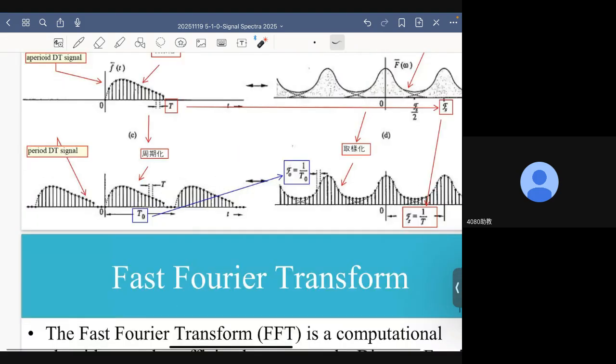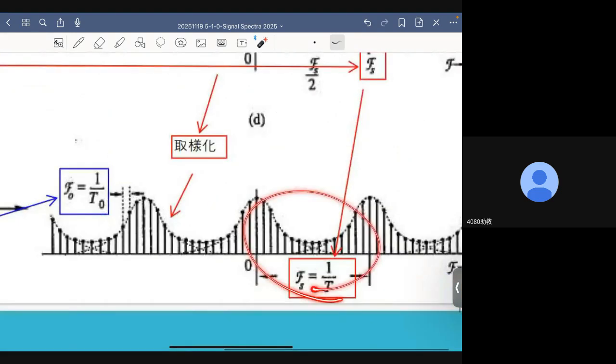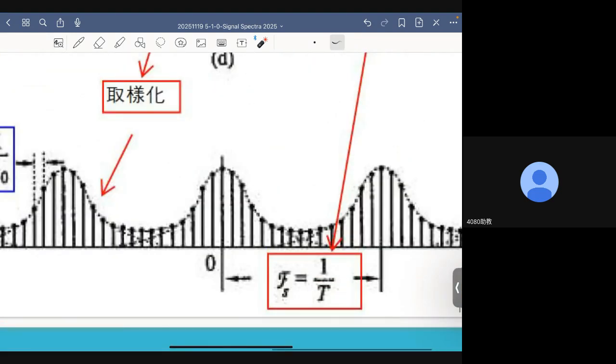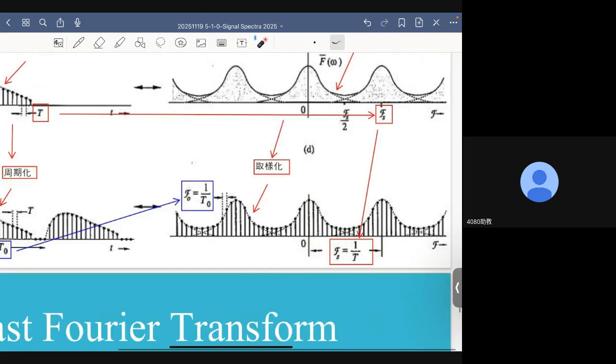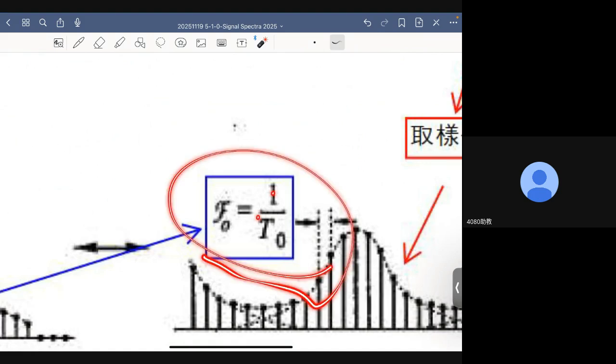Once I do that, what is the space between two consecutive sampling points in the frequency domain? It is actually here, F0, which is 1 over T0.